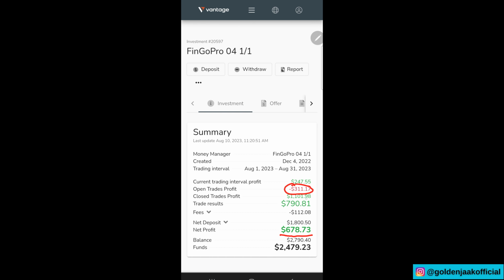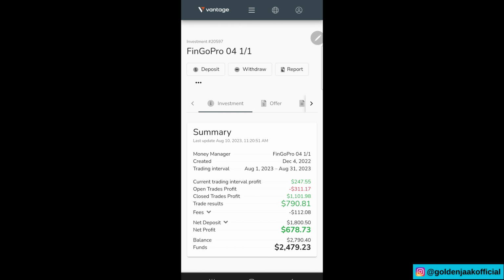It takes the closed trades and deducts or adds the open trades profit depending on if it's in plus or minus, and also deducts the fees to find out what the net profit here is. Now if the open trades profit was in plus all the time, then it would inflate your result, and in this case the open trades profit is in minus, so it's trades that have not affected the balance yet. It's showing the net profit less than it actually is, so it deflates the profit. It shows you a worse result than it actually is.